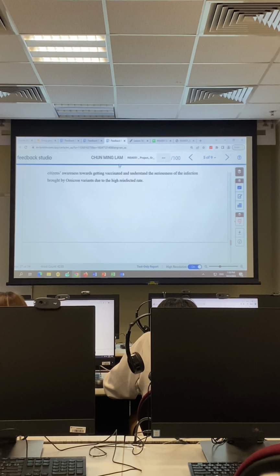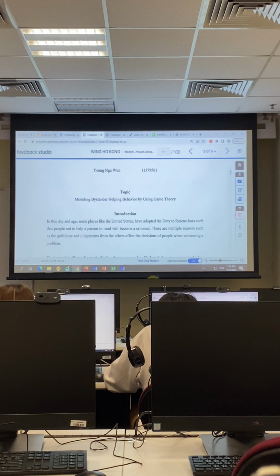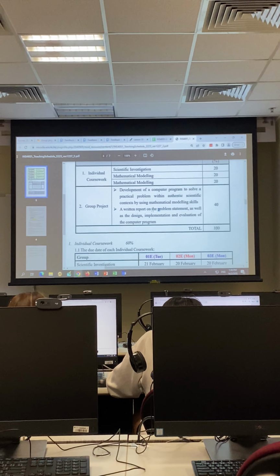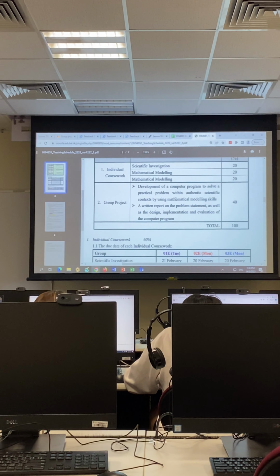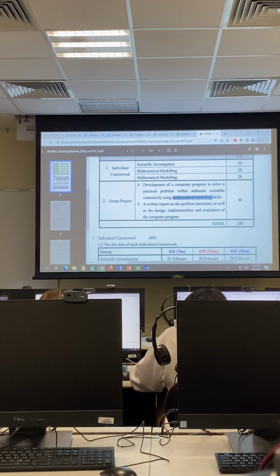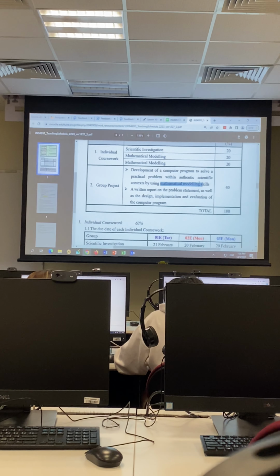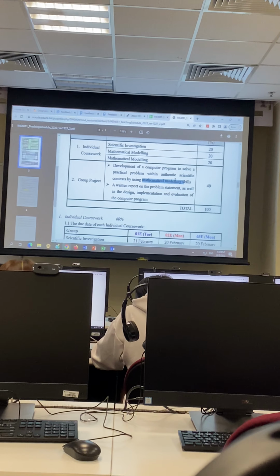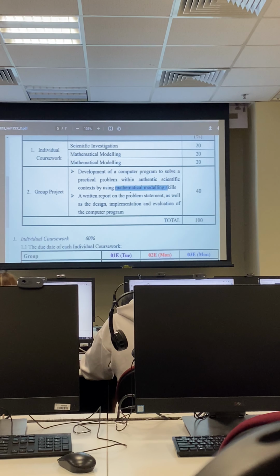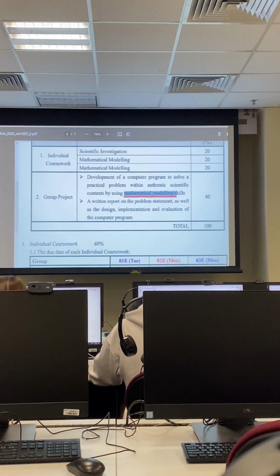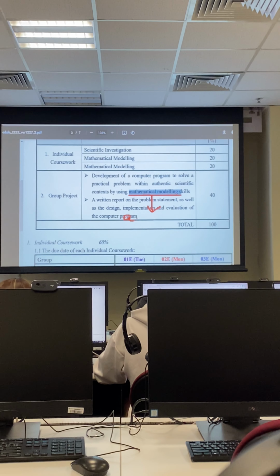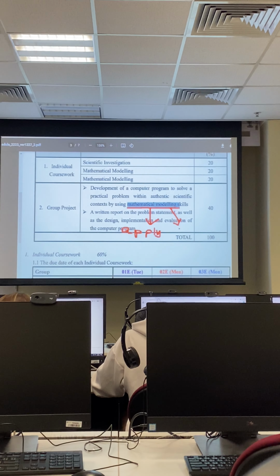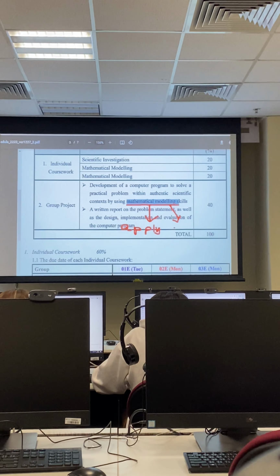And for this group project, basically for the mathematical model, we expect that you can base on some existing mathematical model to apply it. That is the minimum requirement. For the minimum requirement, at least you can find some mathematical model to apply it. But if you really can base on some mathematical model to do some enhancement, it's great.